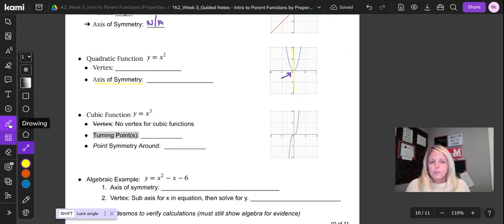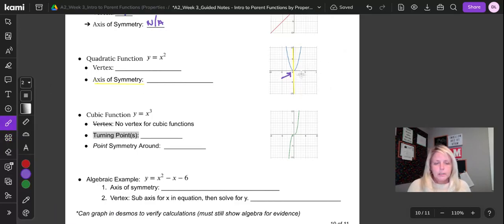So for our purposes, just with the graph, I can see my axis of symmetry is this vertical line that goes through where x equals 0. Remember, to write the equation of a vertical line, it has to be x equals. We draw a vertical line because we want the line to go through the x-axis, and your number is just saying where on the x-axis your vertical line is going to intersect.